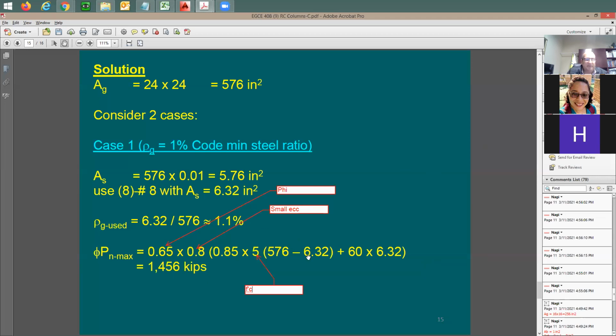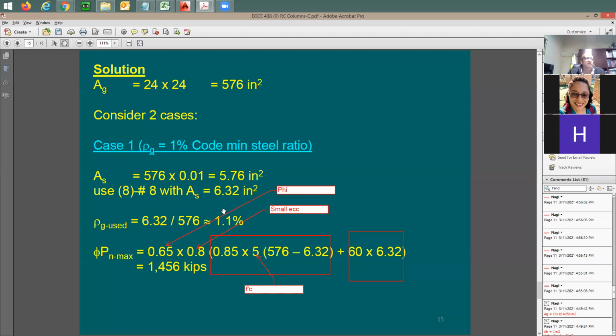You see this AS? This is going to be the concrete strength term. It's going to be the steel strength, 60 times 6.32. Total of 1456. So for this column, if you like to start with 1%, you're going to be at 1456 kips of capacity that you can compare to your actual demand, P sub U, given to you. And then you can decide if this is going to be a good design or not.